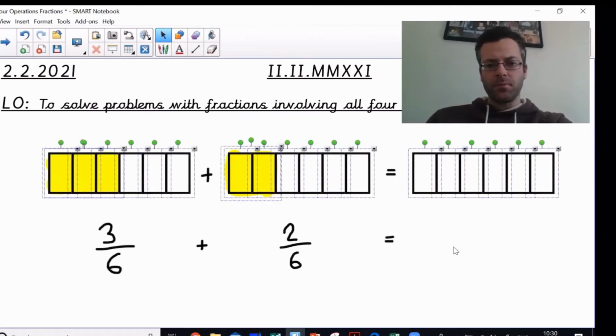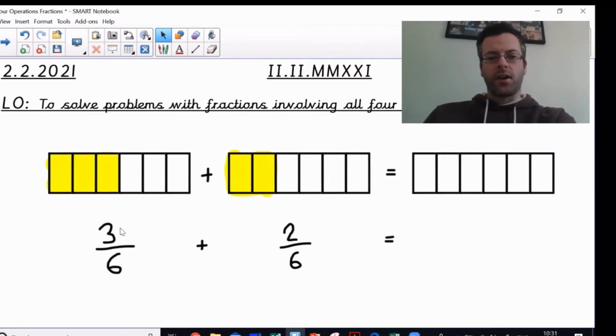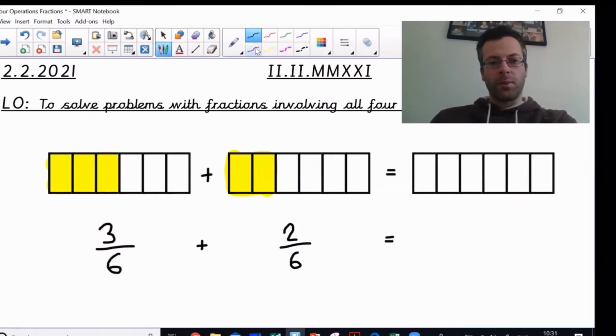So, if I look at this, I have got 3/6 and 2/6. This is one whole, and I've only got 3 out of the 6 shaded in. This has got 2 wholes, and I've got 2 out of the 6 shaded in. And hopefully you'll agree with me that if I put those both together, the 3 from the first one plus the 2 from that second one, I end up with 5/6.